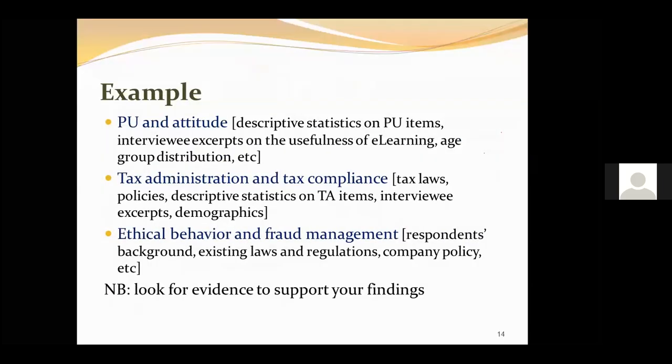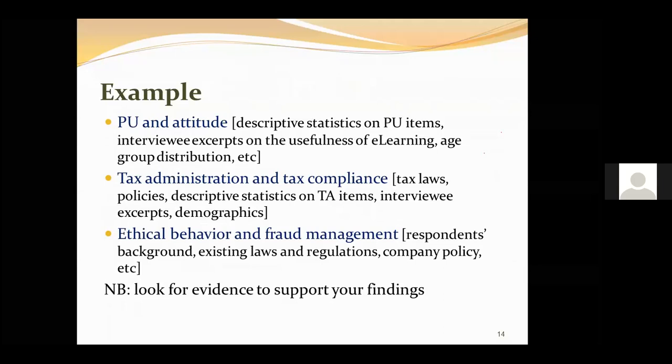For example, the results on the relationship between perceived usefulness and attitude turned out the way you had predicted, okay? Look at the descriptive statistics on the items of perceived usefulness. For example, one of the items may be that using e-learning will improve my performance on my studies.